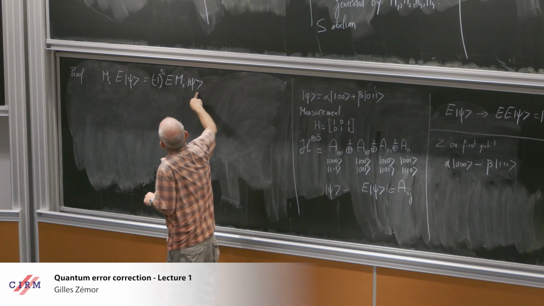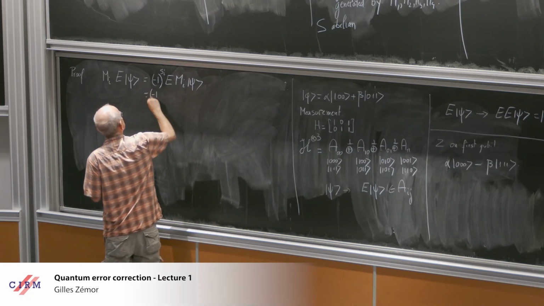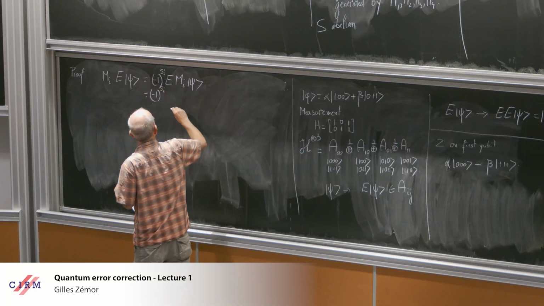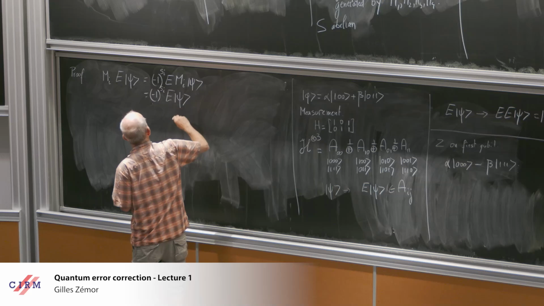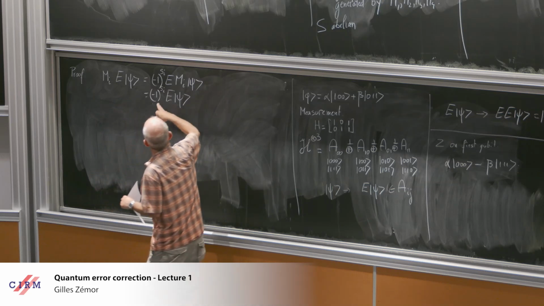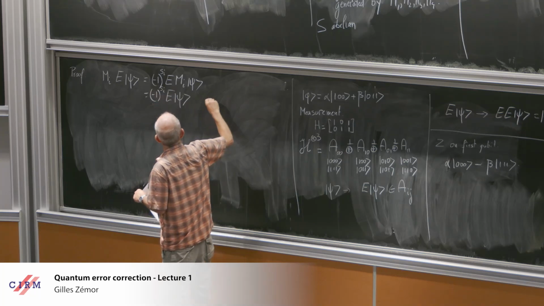But now Mi stabilizes psi, so this is nothing but (-1)^Si E times psi. So applying Mi has, depending on the syndrome value, just put a -1 in front of our state. That's it.